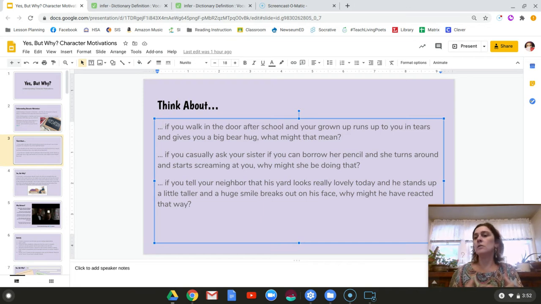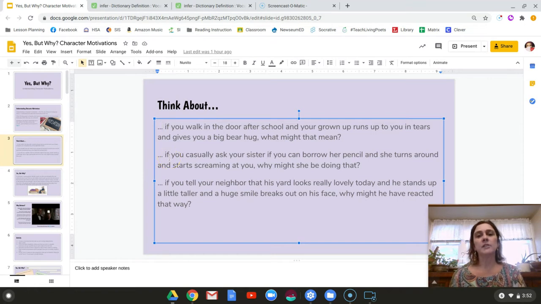Or maybe your teacher called home and said that you're like the most fantastic student ever in the history of your school. And they're just so proud of you that they want to give you a big hug. Okay. You're going to have to look at the clues around you and make inferences. Why are they behaving like they're behaving?